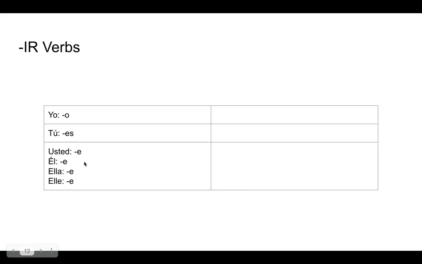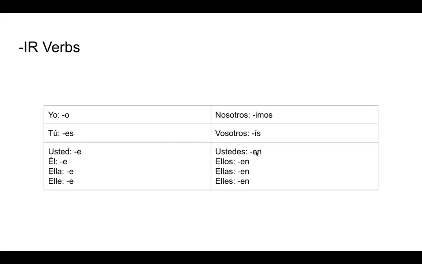Because these all share the same ending, make sure you put your subject. Nosotros, imos. Vosotros, ís. Ustedes, en. Ellos, en. Ellas, en. Ellas, en. And again, all of these share this en ending, so I need to make sure that I put my subject so I know who we're talking about.